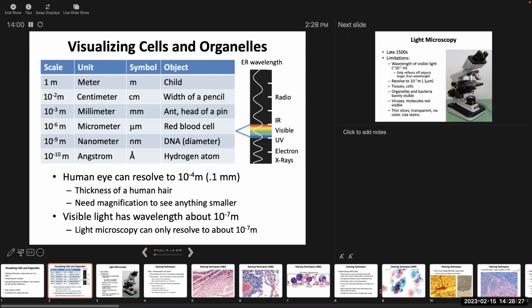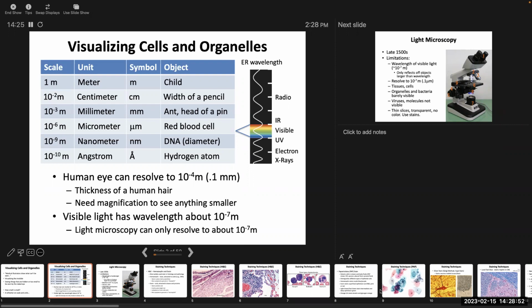So that means that visible light can only reflect off of things that are bigger than 10 to the minus 7 meters in size. So visible light can reflect obviously off of the head of a pin or an ant. Visible light can reflect off the surface of a cell like a red blood cell, because those things are bigger than 10 to the minus 7 meters.